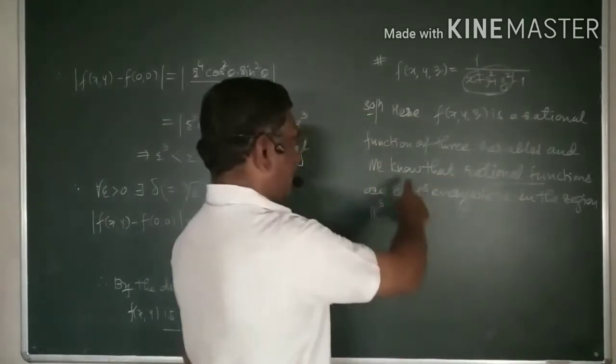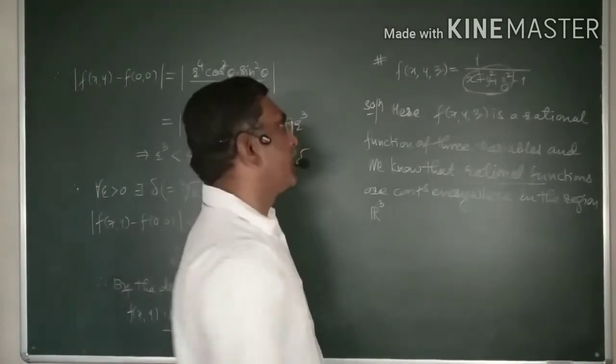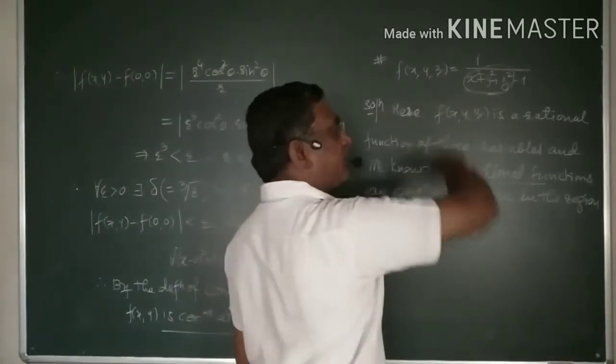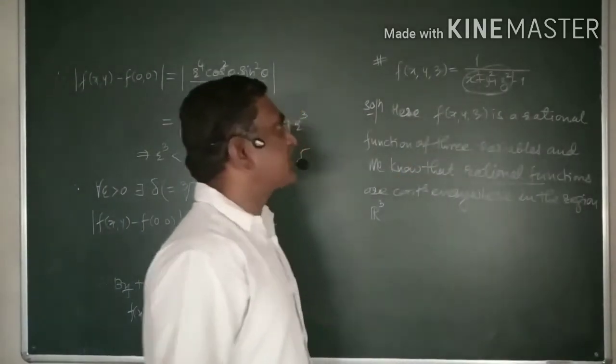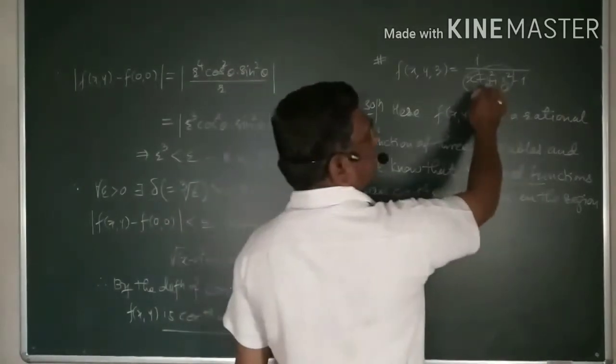Even though rational functions are continuous at every point in the region R cube, the given function is defined except at the points which are on this sphere.